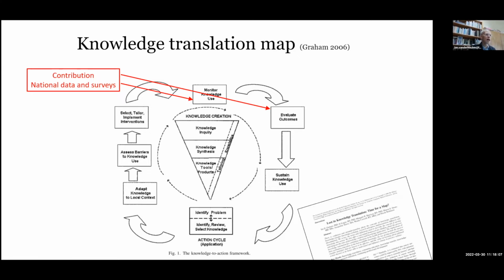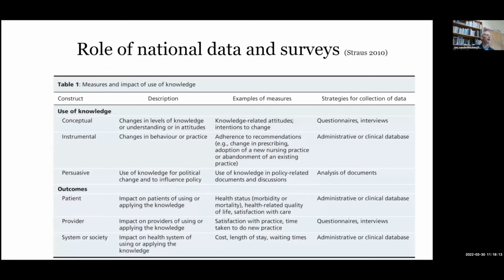And I derived this graph from a paper that some of you may have seen in the past. And then thinking about the role that national data and surveys can play, I'll borrow this. This is from the same set of authors, where they didn't only think about where in the process national data sets and surveys can play a role, but also what national surveys and data can do.